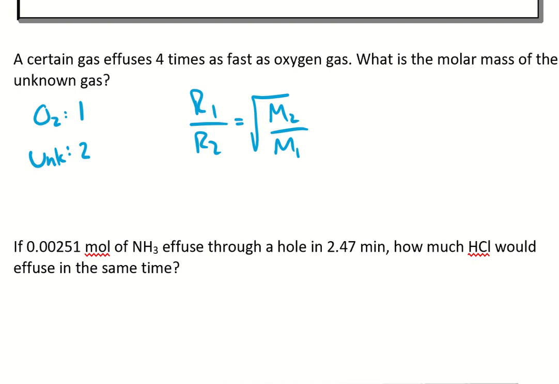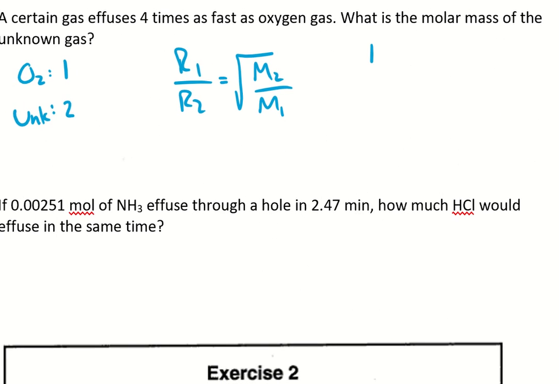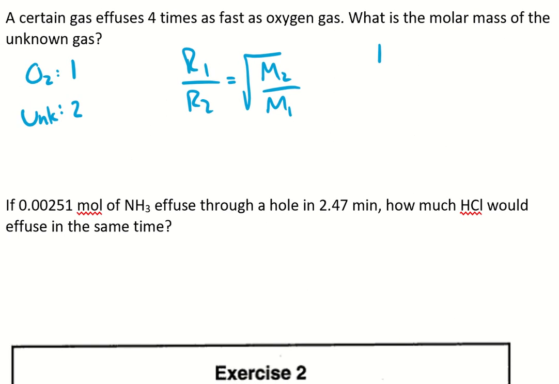Well, let's put in some values now. We can say that the rate of effusion of oxygen is equal to 1. There's no units because we're just talking about a relative rate. We know that our unknown gas is going to effuse 4 times faster. So that rate would be equal to 4. Equals the square root of the molar mass of our unknown gas, which we don't know, over the molar mass of oxygen gas, which we do know.